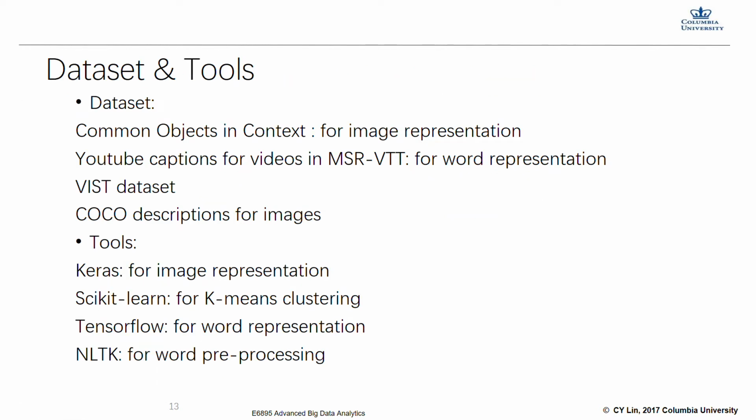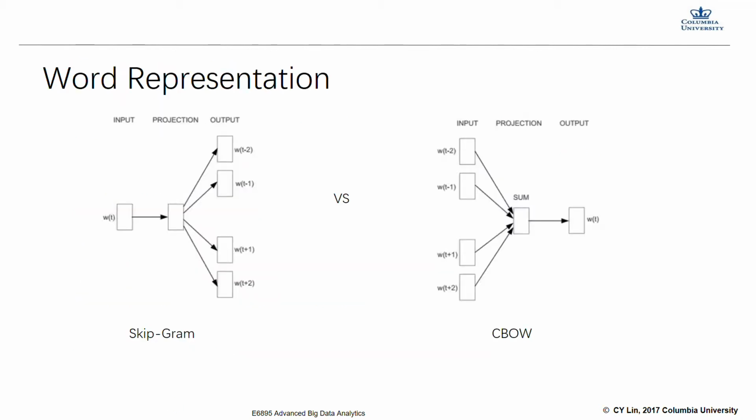Some of the datasets and tools we use are the Coco database, the YouTube captions, and tools like Keras for image representation, scikit-learn for k-means clustering, TensorFlow for word representation, and NLTK for word processing. Now here are the two ways to do the word representation.